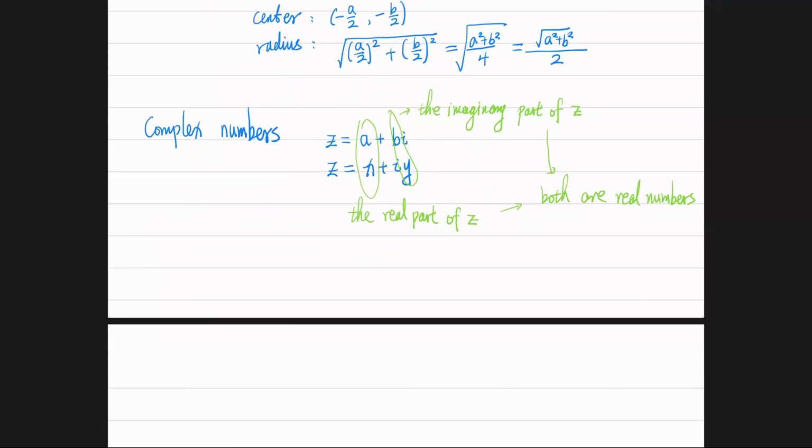For example, if I write 2 plus 3i, what's the real part of this complex number? 2. Real part, we have one candidate. Imaginary part?